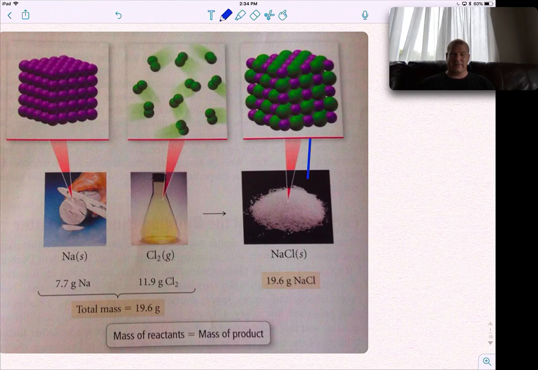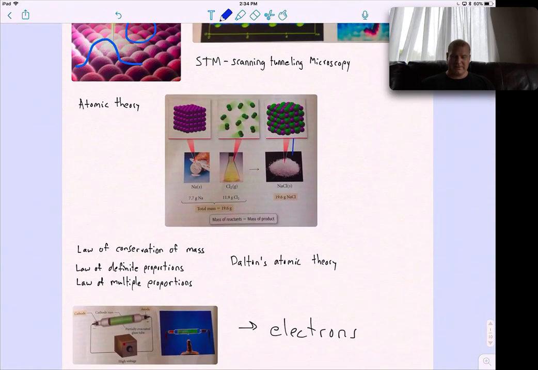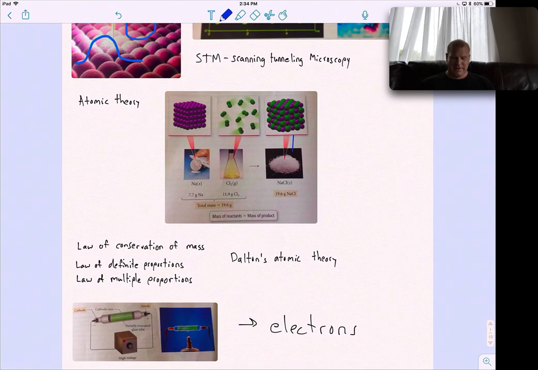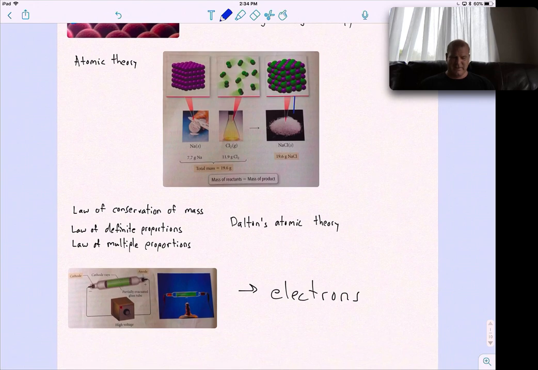So in a chemical reaction, atoms are exchanged, but the total mass does not change. Mass is conserved. And that's an illustration of the first law, the law of conservation of mass. In any chemical or physical process, matter is conserved.